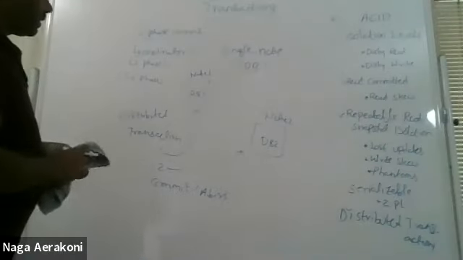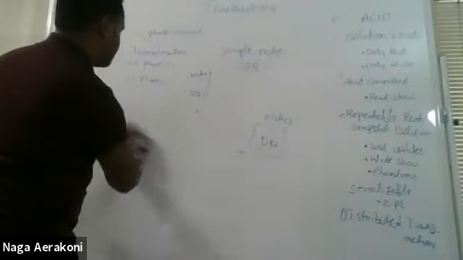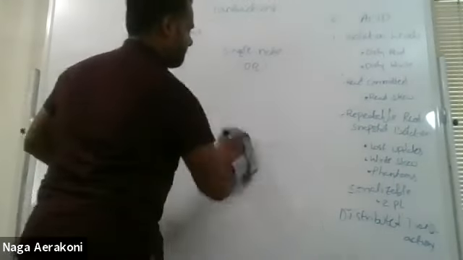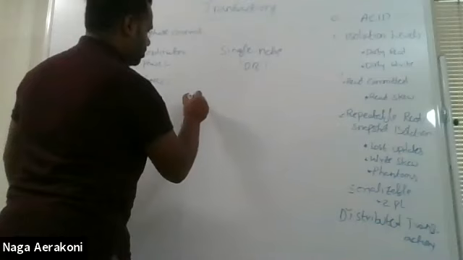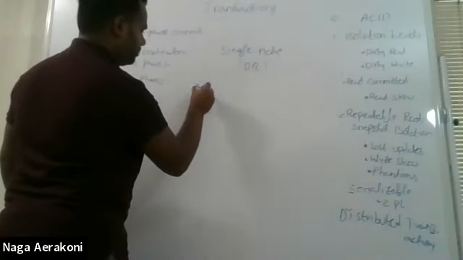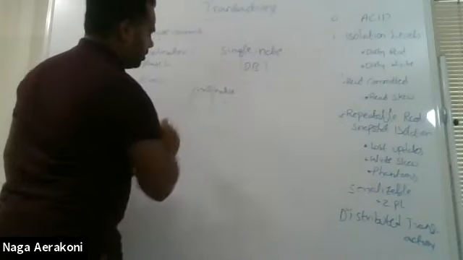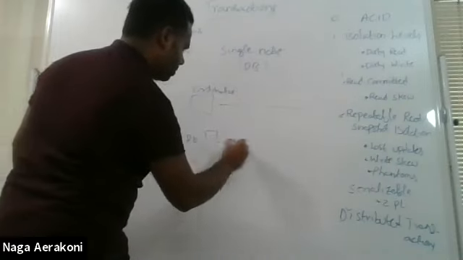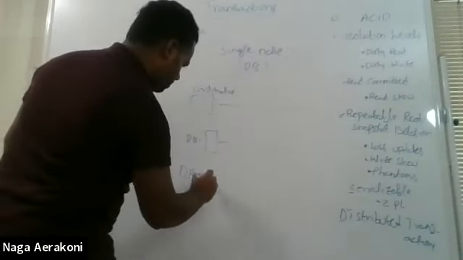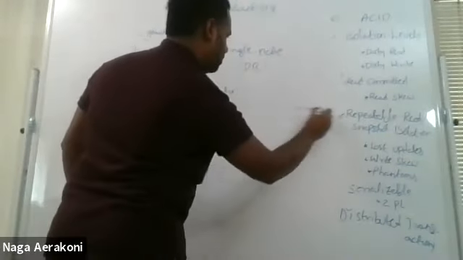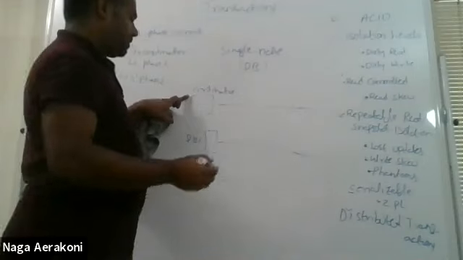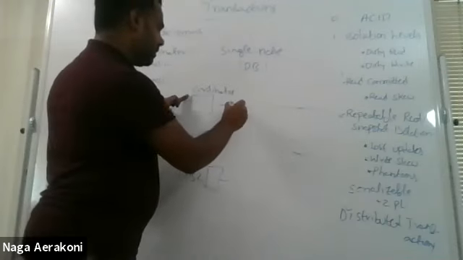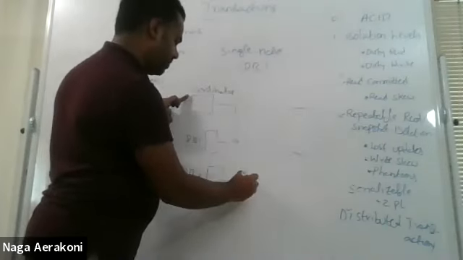So take an example. Let's say you have this coordinator, and this is DB1, this is DB2. What the coordinator does is, when any distributed transaction happens, the general idea is it sends the update to both of these databases.